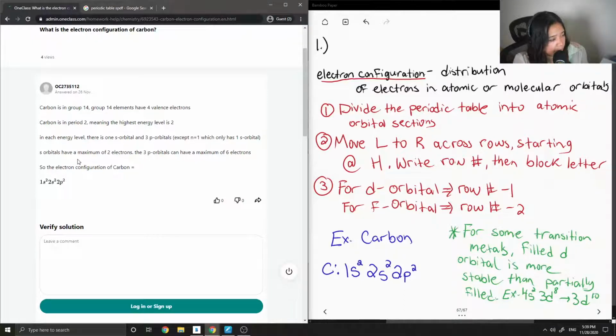S orbitals have a maximum of 2 electrons, and the 3 p orbitals can have a maximum of 6, so the electron configuration of carbon is equal to 1s2, 2s2, 2p2. Yep, so this solution is correct.